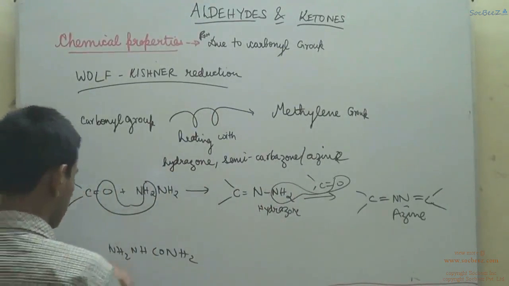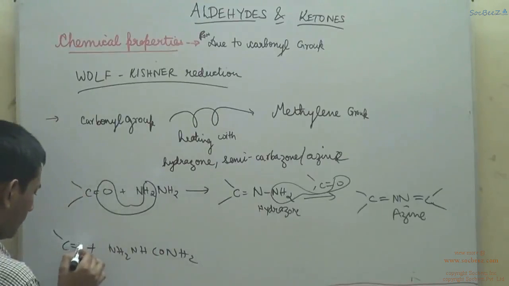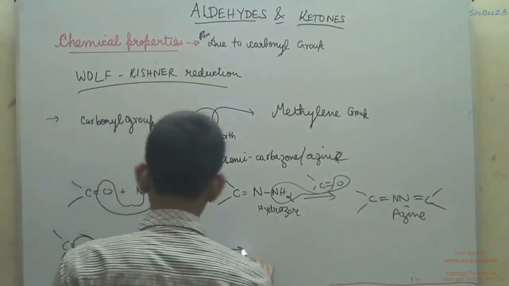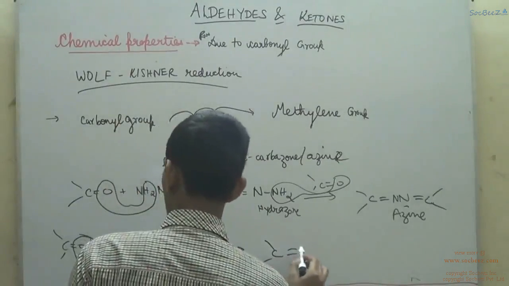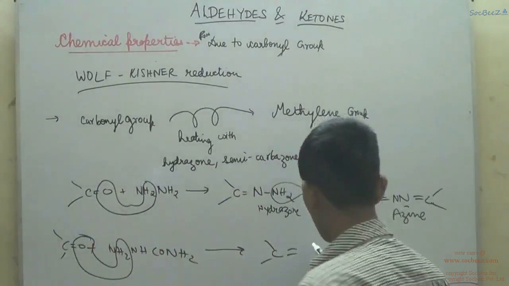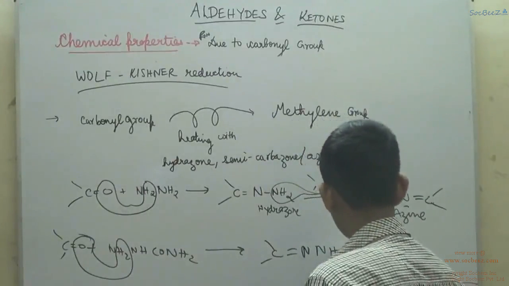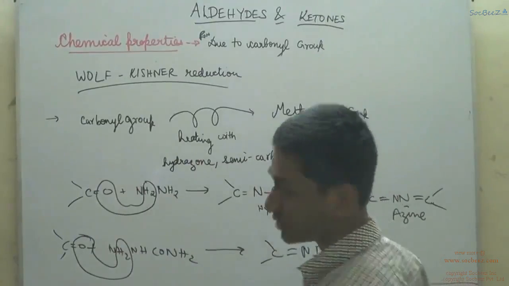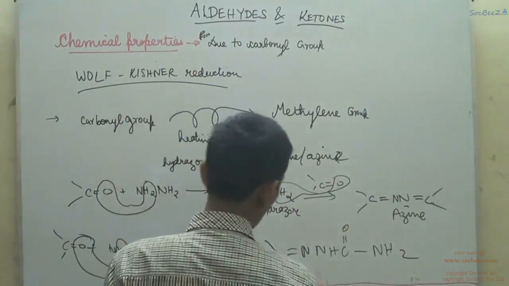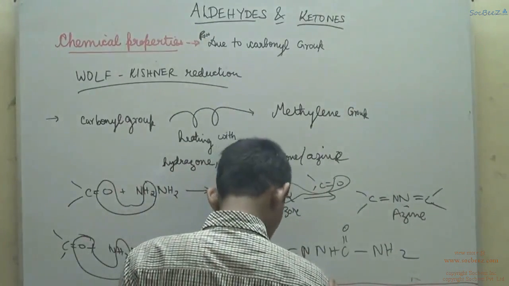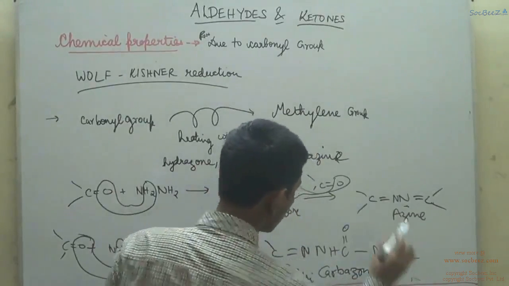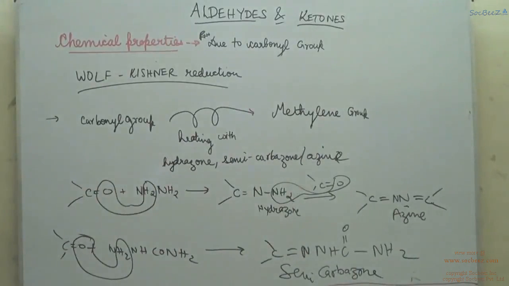So from semicarbazide you treat it with any carbonyl compound, removal of water molecule, then you get C double bond N, NH, C double bond O, NH2. This is your semicarbazone.